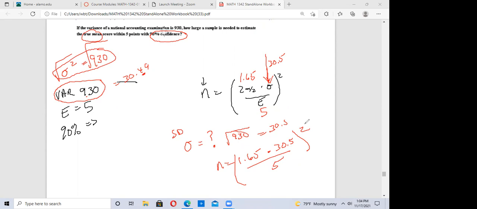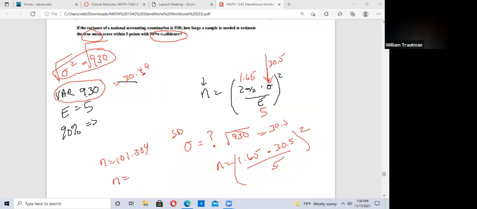I got 101.304. N equals 101.304. So what N do I use? What's my answer? 102. Yes, any decimal that's left over goes to the next higher whole number. So the answer to this problem is 102.